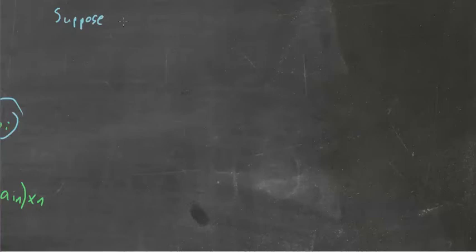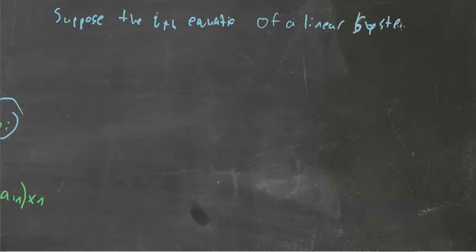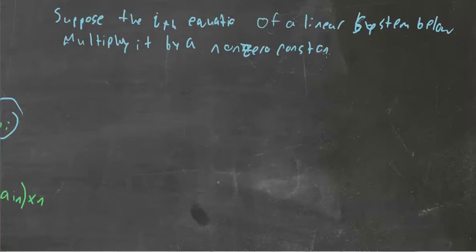Suppose we take the ith equation of a linear system, which I'm going to write down below, and multiply it by a non-zero constant c.